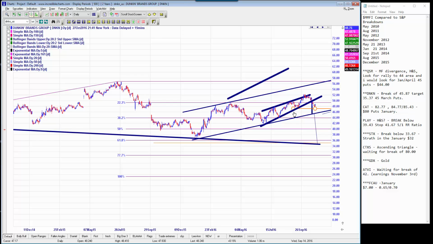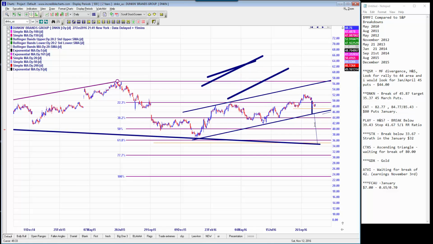If we take the short-term patterns away, you'll see that we've got a longer-term channel also. Now that channel indicates, there we go, we'll measure it out, a breakdown to 35, 36. So we've got a continuation there, which looks quite exciting.